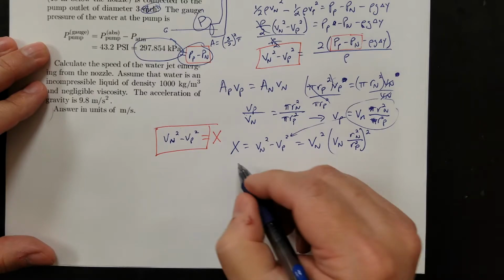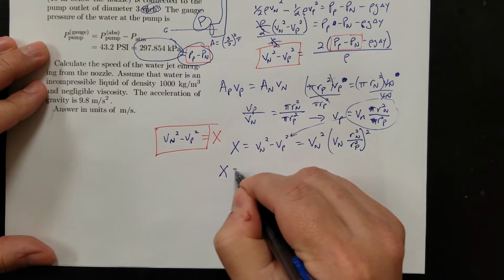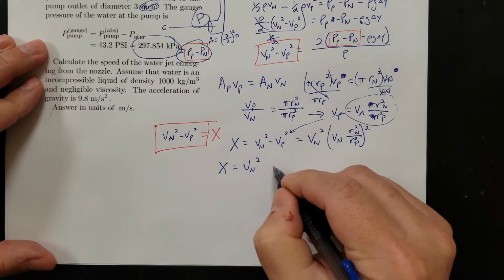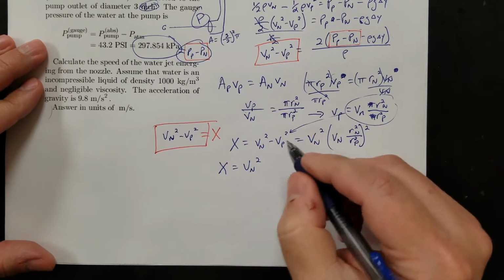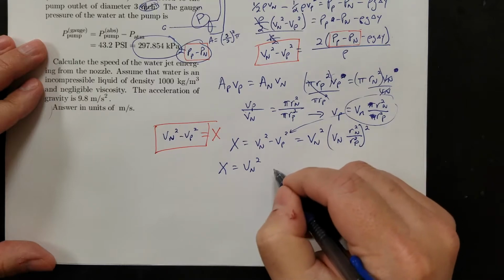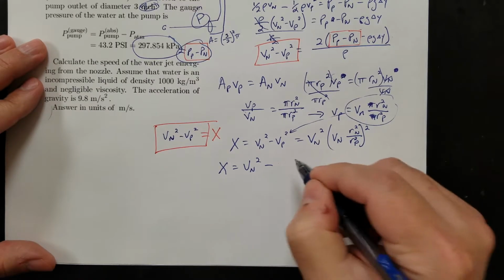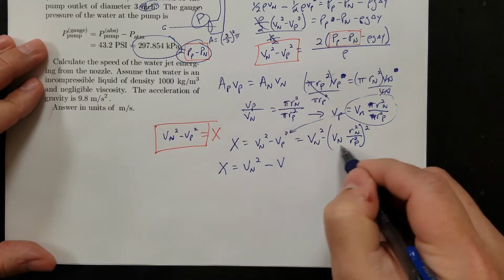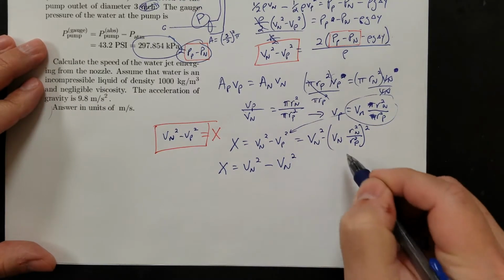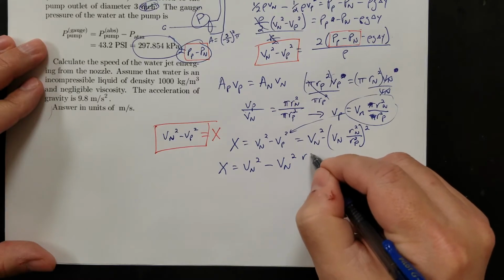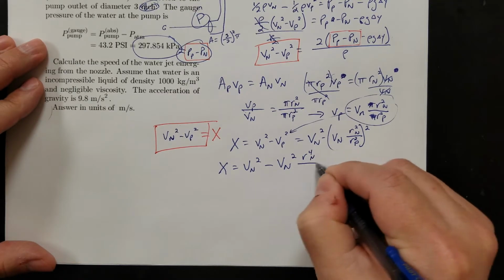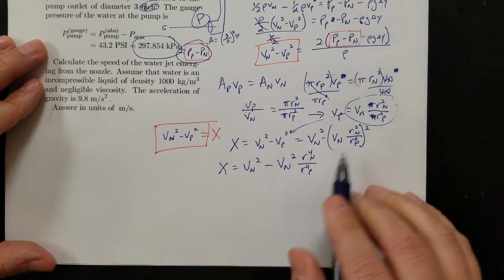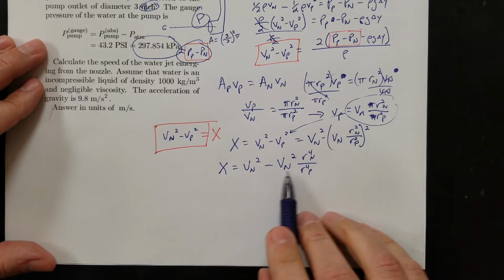So X is equal to V nozzle squared minus, right? So it's V nozzle squared minus V nozzle squared times R to the fourth nozzle over R to the fourth of the pipe, right? So I have that minus that times that.